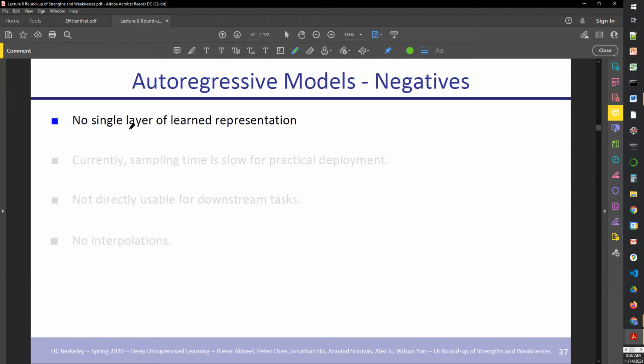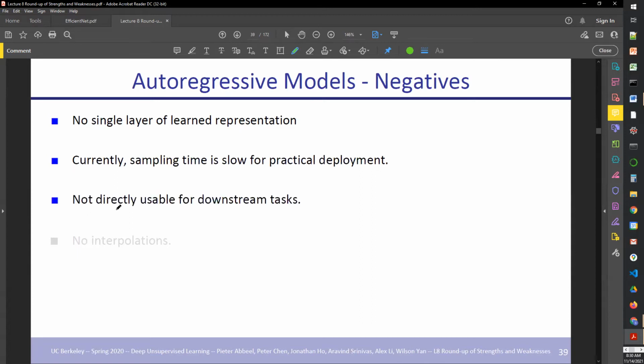What are the negatives of the autoregressive models? The big one is that, in comparison to some of the other techniques that we'll look at later, there's no single layer that we can talk about that has the learned representation. So from this derives some of the other issues, such as the third one here, not directly usable for downstream tasks.